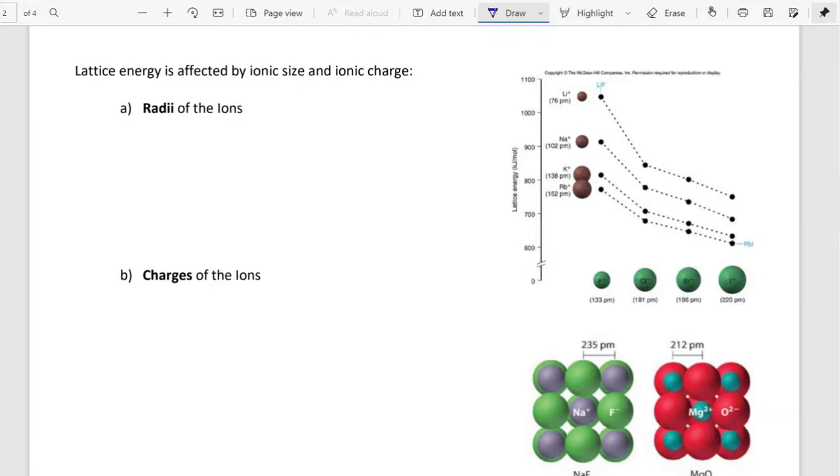So for us, lattice energy is affected by the radii of the ions.